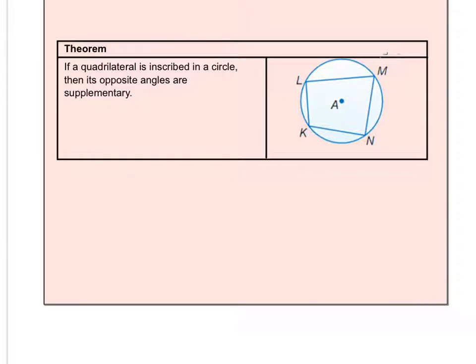So building off of that, if you've got a quadrilateral, a four-sided figure, inscribed in a circle, then its opposite angles are supplementary. So here's what that means. And if you think about this, it should kind of make sense. So if I look at LK, LM, that intersects this arc, this whole big arc. So now if I flip that around, let's go green.